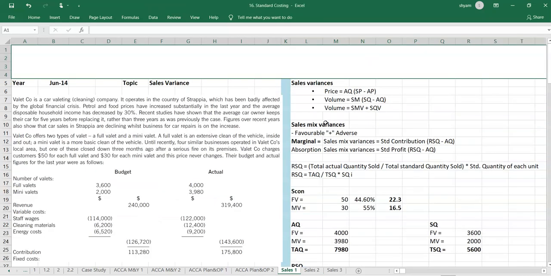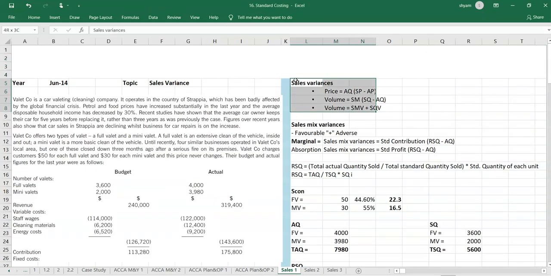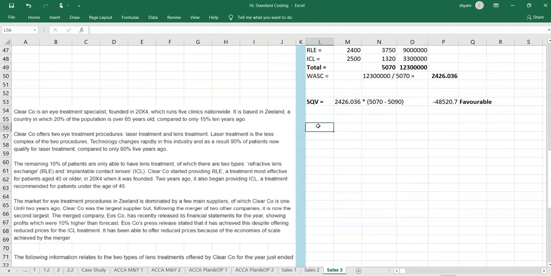So just wait, we'll get the numbers. So we can find out this. One is sales price variance we can try, and sales volume variance we can try. So both we can try and we'll see the answer. Sales variances: AQ, SP and AP.